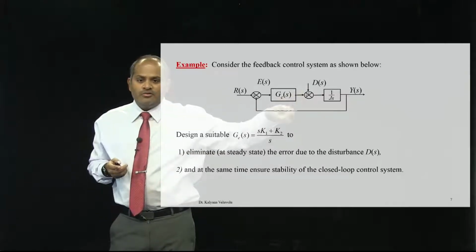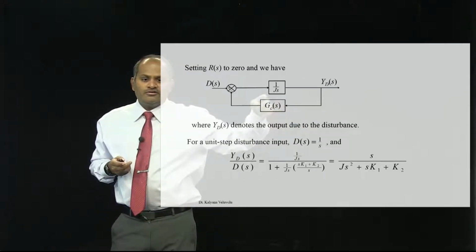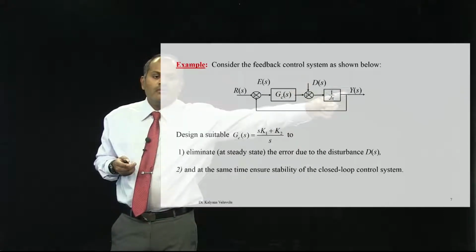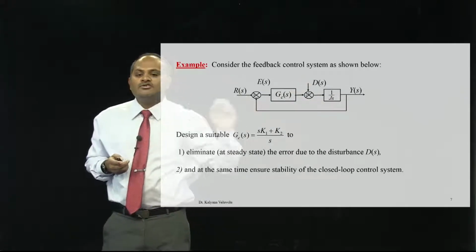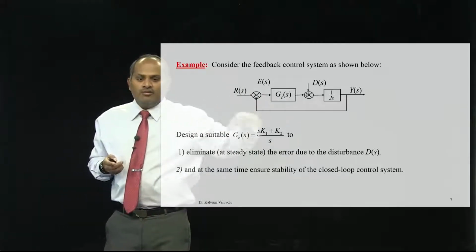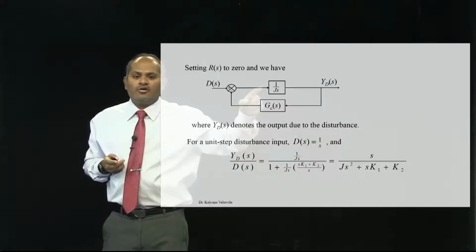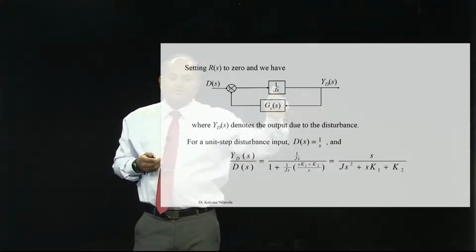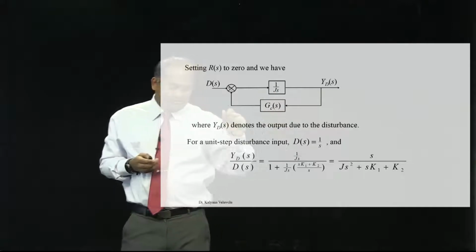So, reformulate the problem: D of S becomes the input, Y is the output, and R of S will be 0, like superposition. Select R of S equal to 0 and redraw the block diagram. So, I have D of S, 1 by Js, GC of S.